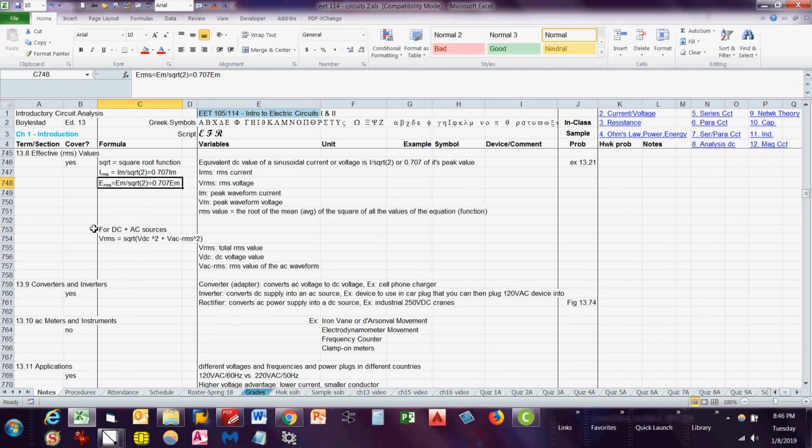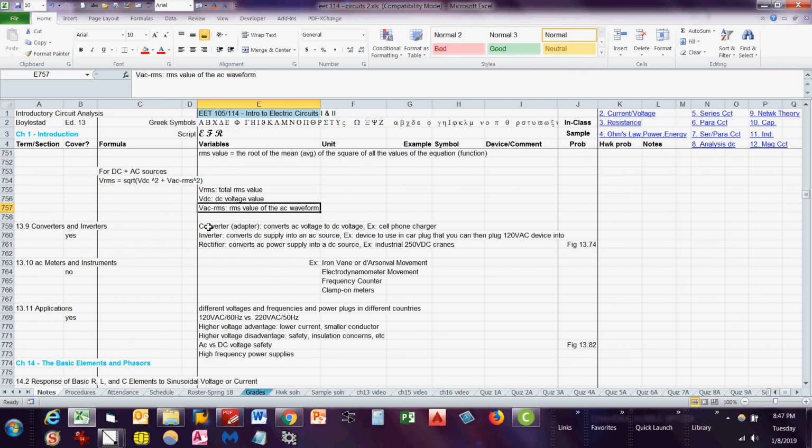So for AC plus DC sources, V RMS equals the square root of the DC component squared plus the voltage AC RMS squared. V RMS is the total RMS value. V DC is the DC voltage value, and V AC RMS is the RMS value of the AC waveform.